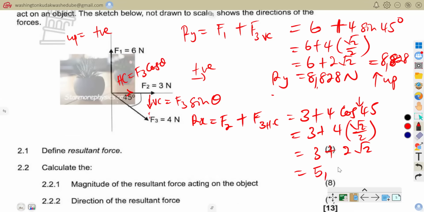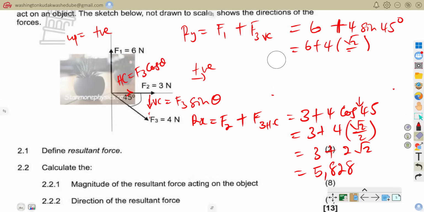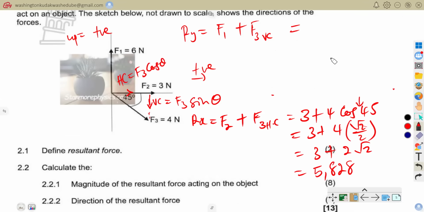This is actually correct, 5.828, but the one on top, I just discovered that we also added while having two forces going in opposite directions. So here I was supposed to say 6 minus 4 sine 45. Pardon me there, I was supposed to subtract because this is going in the downward direction, and we said down is negative.